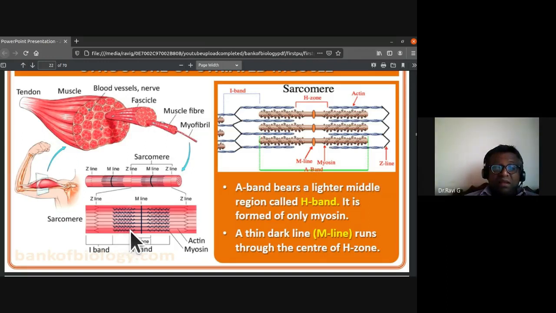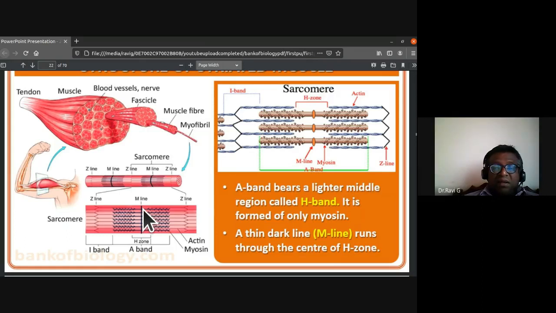Myosin filaments are thick in nature. So remember that the A band has a lighter middle region, and you cannot see any actin filaments here; it is made up of only myosin.